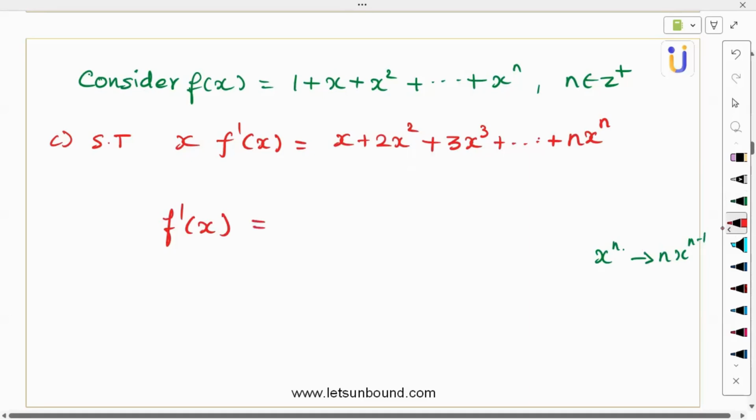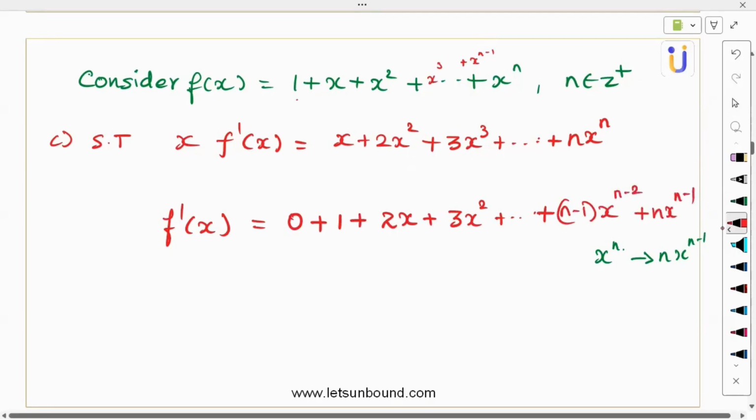So f dash of x: the constant will become 0, and then x will become 1, x square will become 2x, and x cube will be 3x square, and so on. Previously, before x power n, we will have x power n minus 1, which goes to n minus 1 x power n minus 2, and here we go, n into x power n minus 1. So differentiation is over.